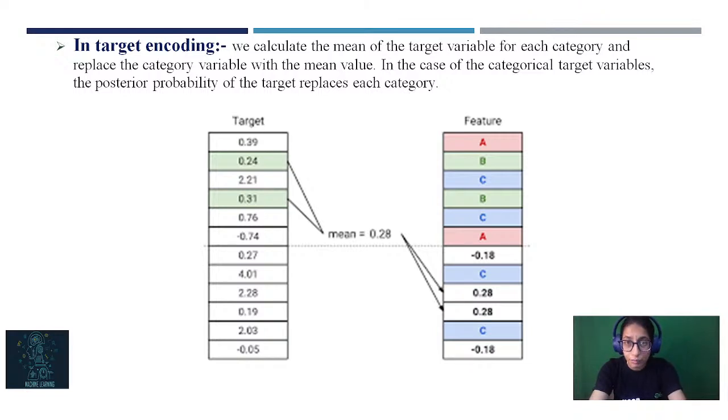In case we don't find any categorical target value, we use the posterior probability of that target, and any non-categorical columns are automatically dropped out of the target encoder model. We can also use target encoding to convert a categorical column to a numerical value.